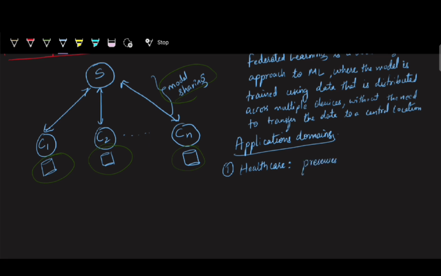Federated learning preserves the privacy of patients' data, allowing multiple hospitals to collaborate and build robust medical models without sharing any sensitive information. So in that case, the clients or the devices would be hospitals.